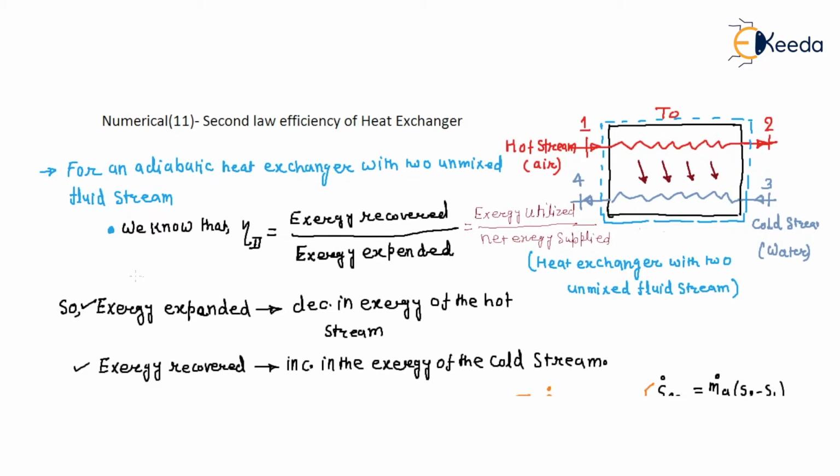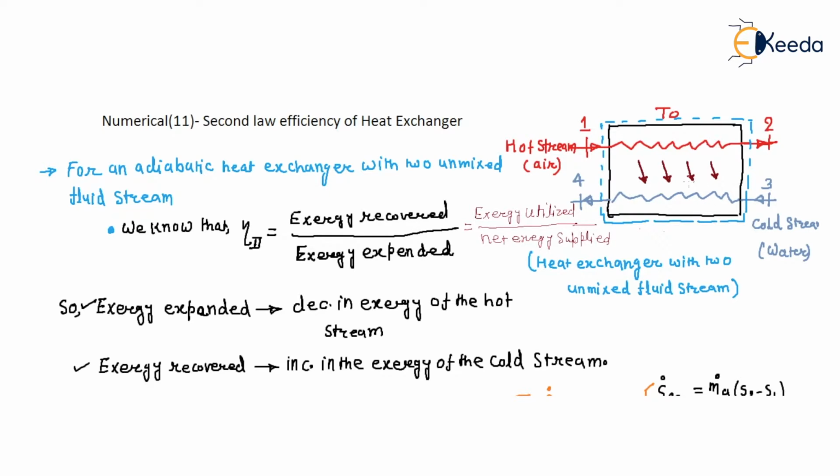And what is the exergy expended? Decrease in exergy of the hot stream. This is the exergy expended, right? That means exergy supplied. So exergy supplied by which fluid? The hot stream, so its exergy will decrease. And exergy recovered, that means exergy utilized.